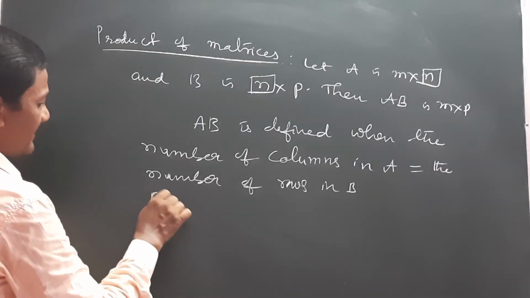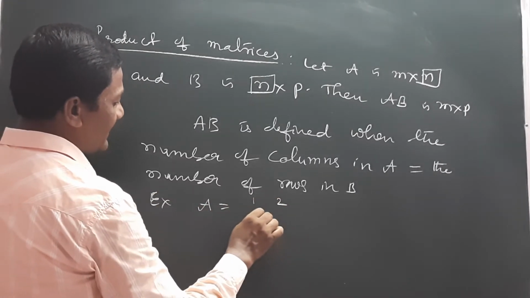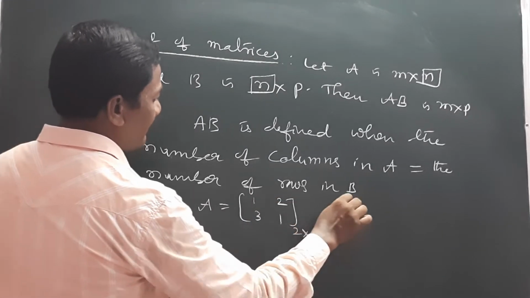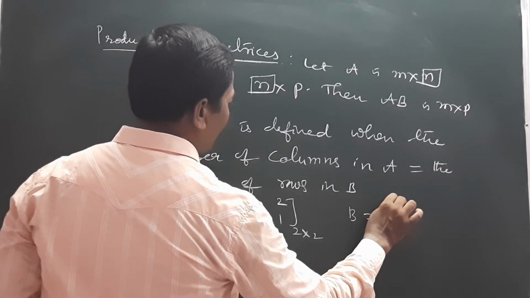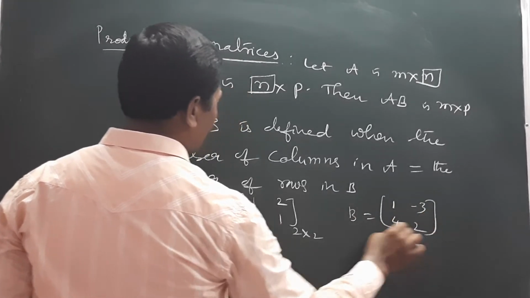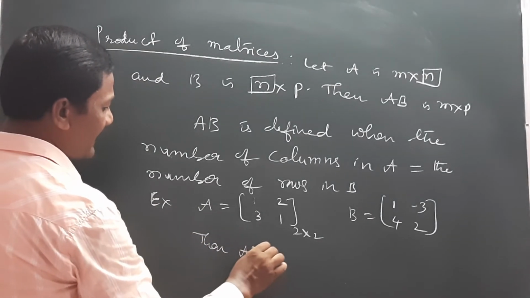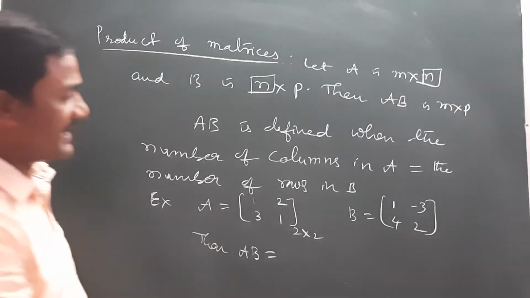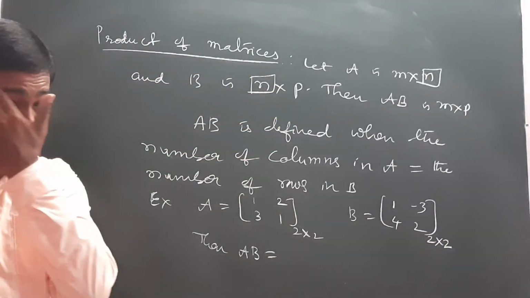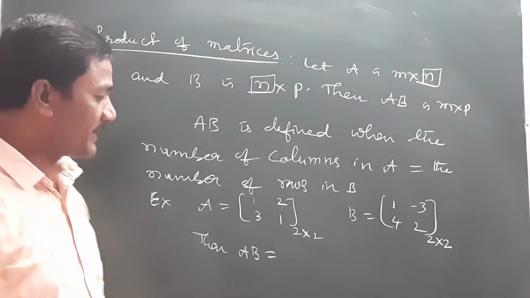An example: suppose A is equal to 1 2 3 1, a 2 by 2 matrix, and B is equal to 1 -3 4 2. How can we find AB? Both are 2 by 2 matrices, so AB is defined.